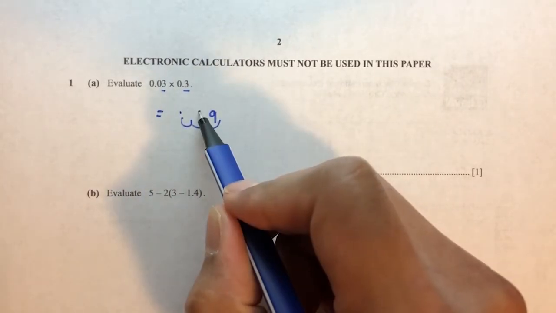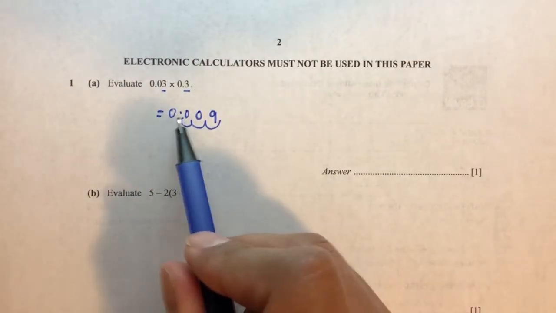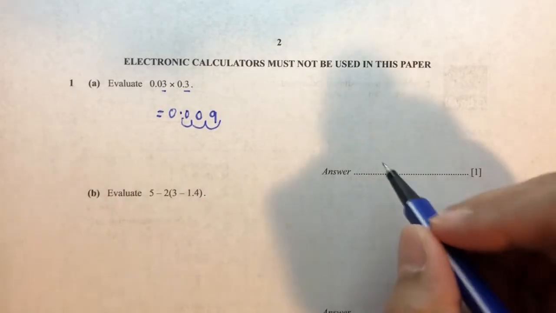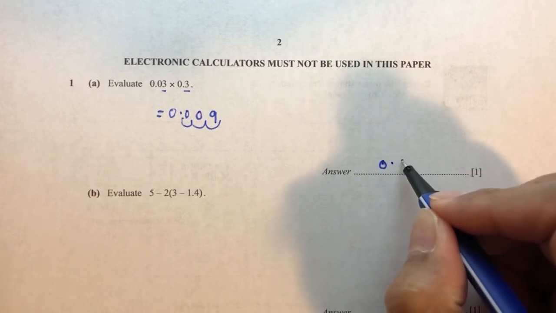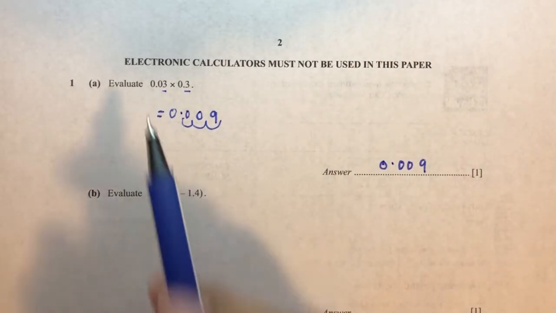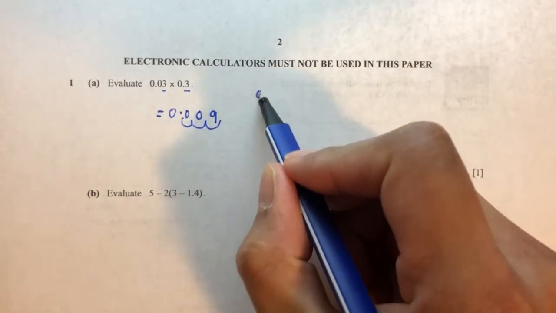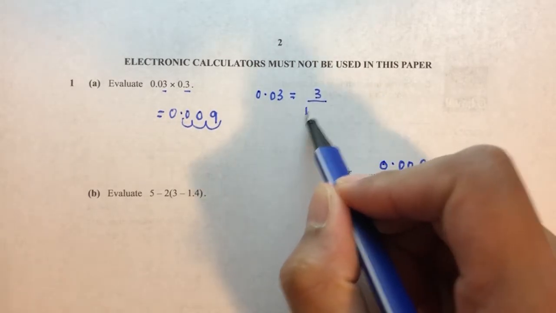So here we will have 2 zeros and 1, 2, 3 decimal places. So your answer for part A will be 0.009. Another way to do this question is you can first convert the numbers into fractions. So let's say we have 0.03. This is equal to 3 over 100.